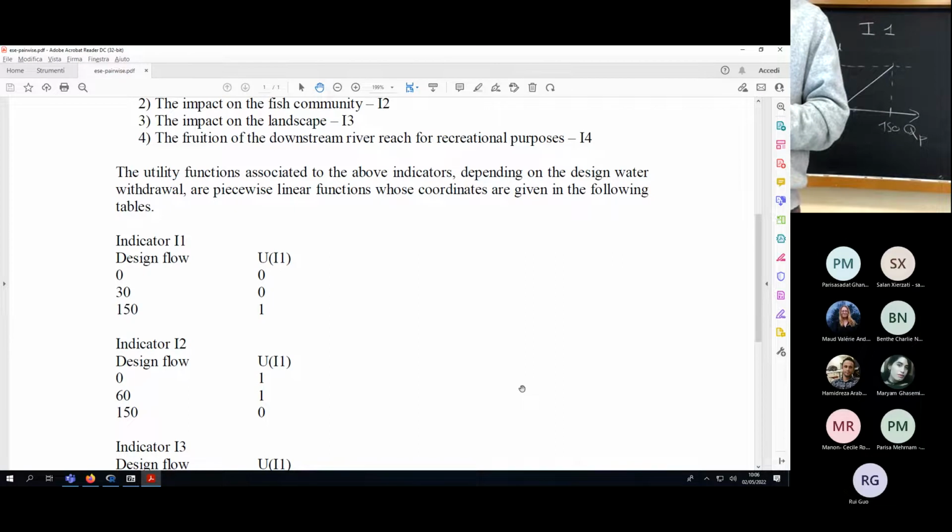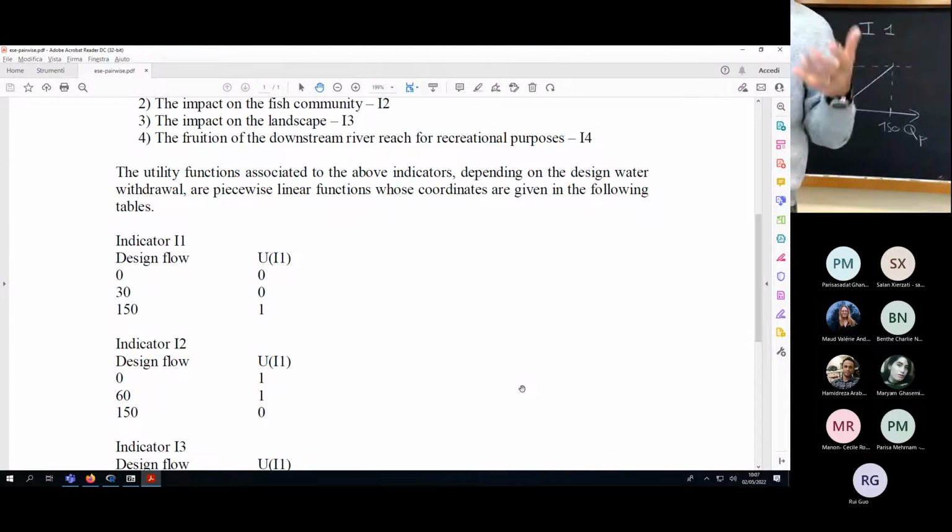And in this case, please note that the max of utility in terms of the benefit for the fish community is given to design flow 0, because we assume that the undisturbed situation is the optimal one for the fish community, because the fish community adapted to it, evolved according to it.